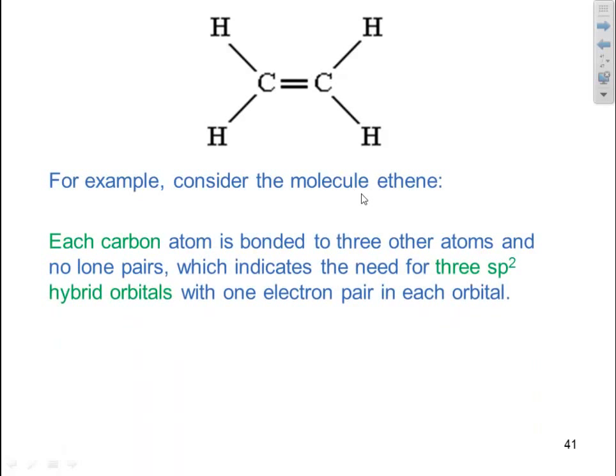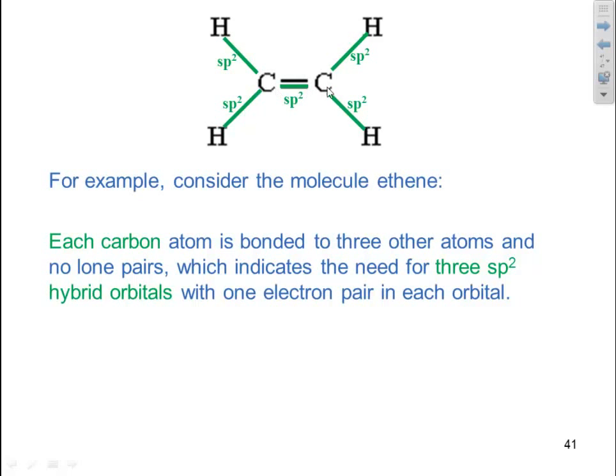Each carbon atom is bonded to 3 other atoms with no lone pairs, which indicates the need for 3 sp2 hybrid orbitals, right? 3 electron density regions means sp2 hybridization, with 1 electron pair in each orbital. So what's happening here is you're going to have an sp2 overlap for your carbon-hydrogen, an sp2 overlap here, sp2 overlap here, and an sp2 overlap for this other hydrogen.